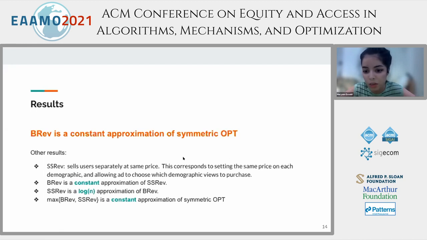We also have a bunch of other results that I'm not going to mention now, but they improve this constant approximation. The main idea is that if you insist on running a symmetric auction that satisfies strong monotonicity in fairness and interim fairness, then you can almost do as well as the symmetric opt if you just ignore all data.